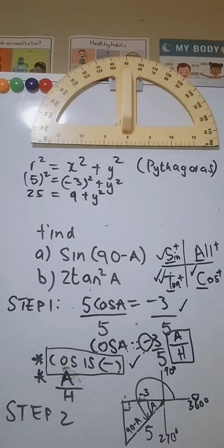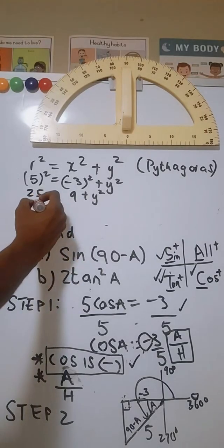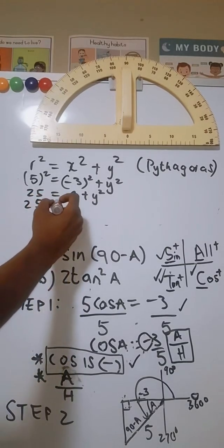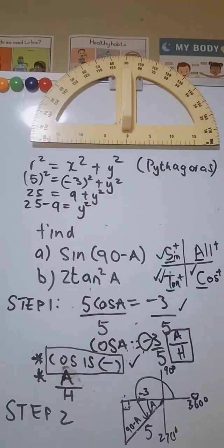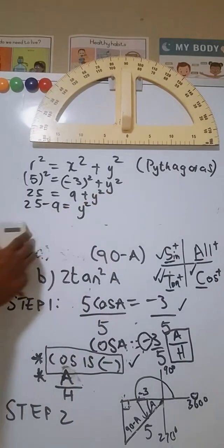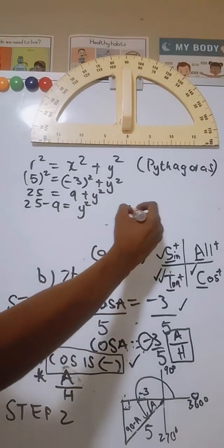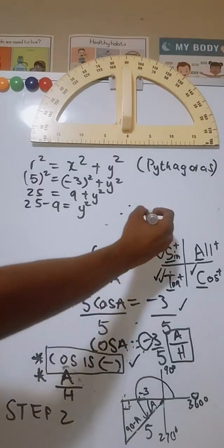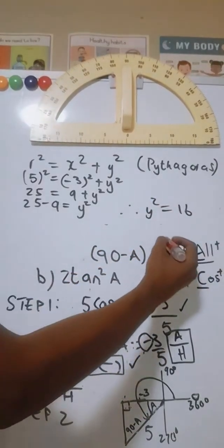That is y squared. Then we go ahead and find the value of y. Take the 9, transpose it, we isolate the y squared. Okay. Then of course we can say our y squared is equal to 16.